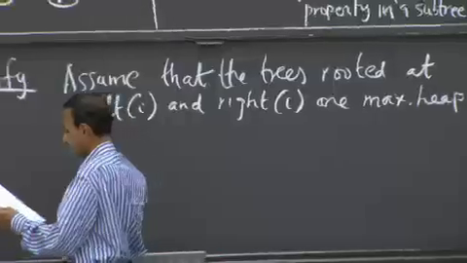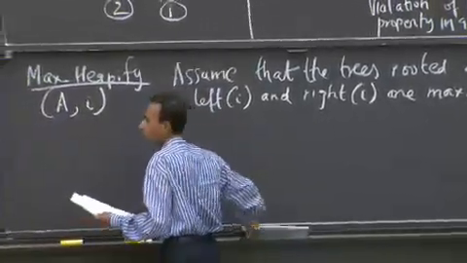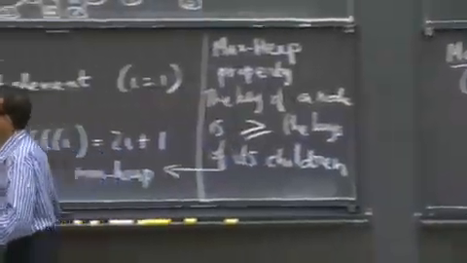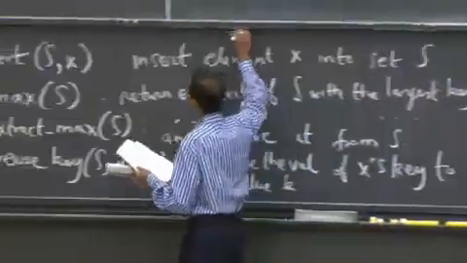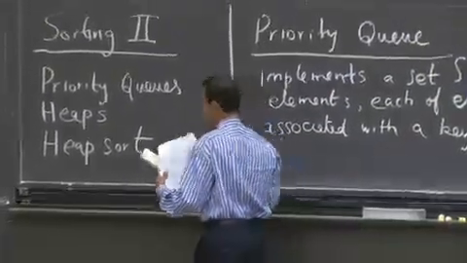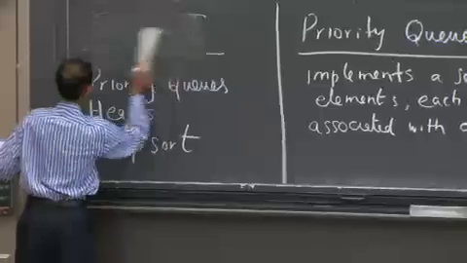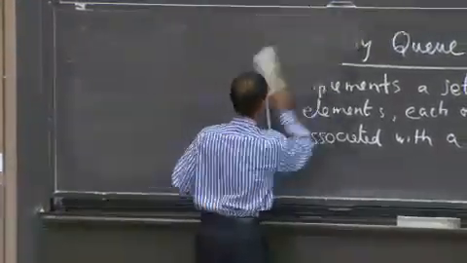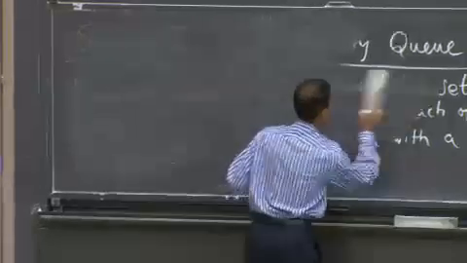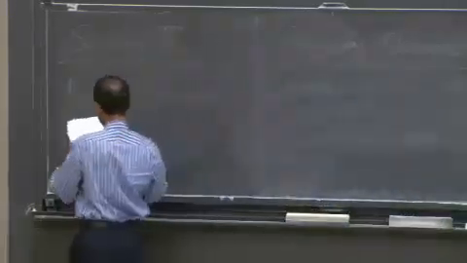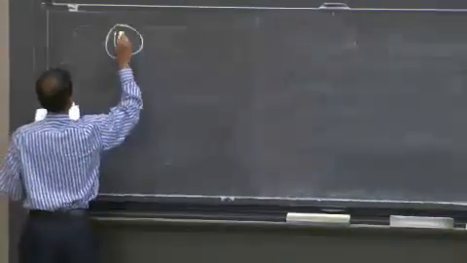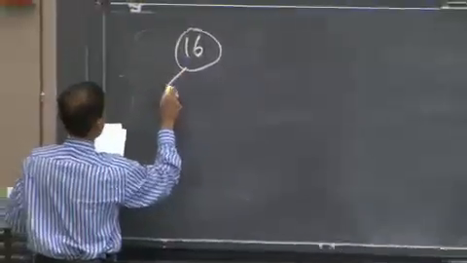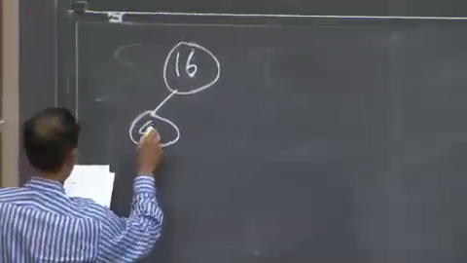So let's take a look at an example. I think what I want to do is start over here. I want you to see all of the steps here. So we'll take a simple example and we'll run through max heapify. And let's take a look at 16, 4.